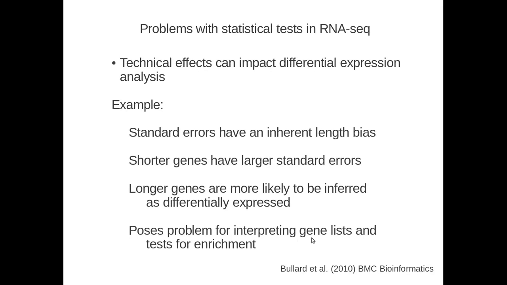Well, the problem is, what if the gene lists tend to be enriched for genes that are just longer because of statistical artifacts associated with this problem? We'd like to be able to interpret this gene list strictly in terms of biology, but there are often issues, such as this length bias effect, so you have to be careful in over-interpreting gene lists that you derive from this type of analysis.